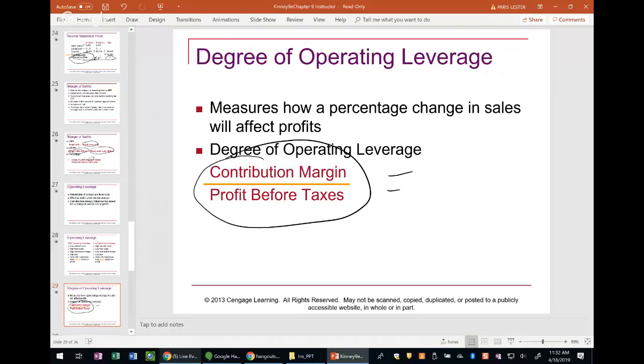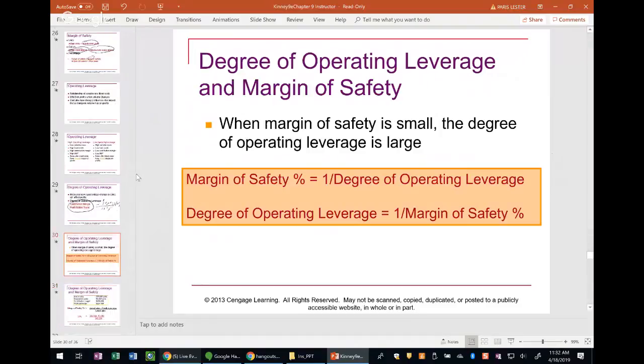If our contribution margin was $10,000 and fixed cost was 10, that'd be at 0. If your profit before taxes were 100,000, then your leverage would be 10%. We'll practice some of those. So you'll need to know operating leverage and margin of safety.